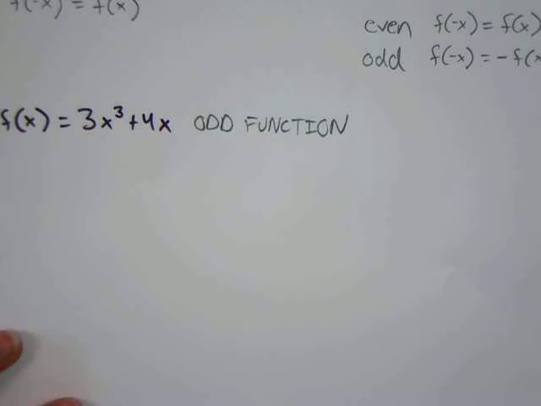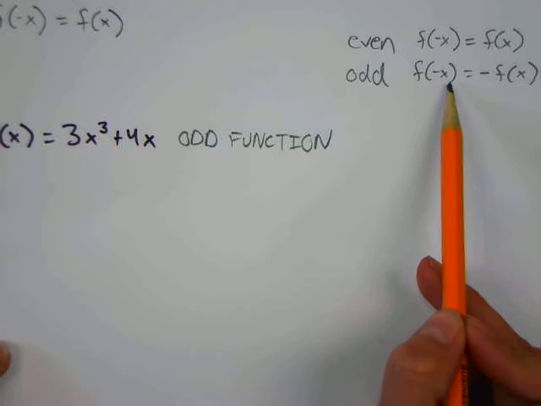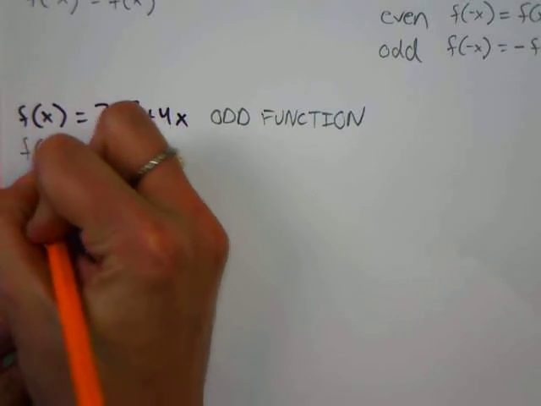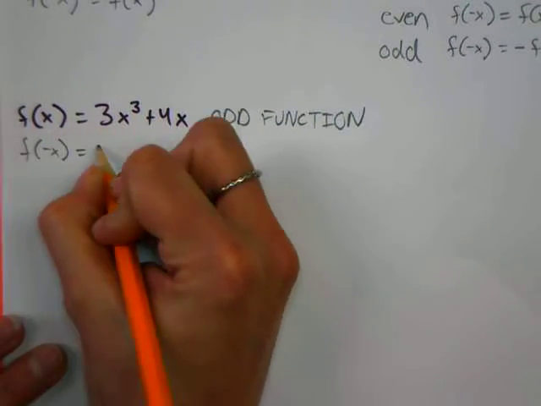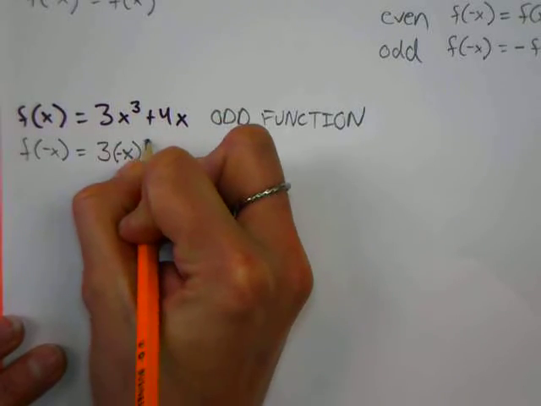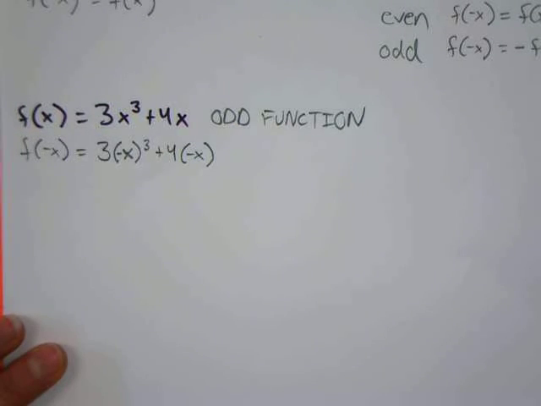So let's think. If I need to confirm this algebraically, that means I'm trying to prove that f of negative x equals negative f of x, like we mentioned before. So let's find f of negative x. 3 times negative x cubed plus 4 times negative x.